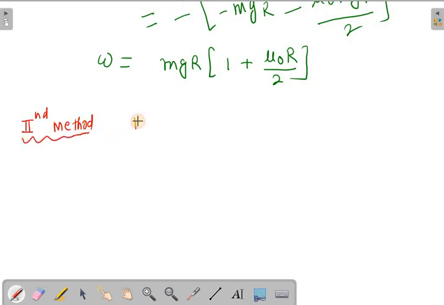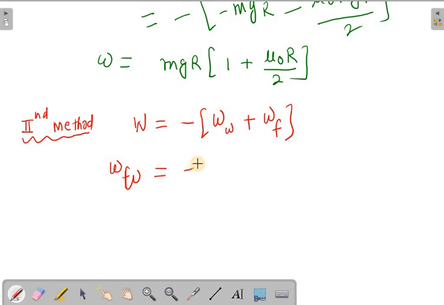Total work done W will be equal to the negative of work done by weight plus work done by friction, as we have already discussed, right? In shifting, the work done by weight will be equal to minus of mg into r.